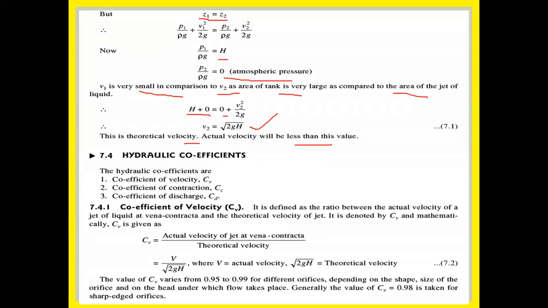Now hydraulic coefficients. The hydraulic coefficients are the coefficient of velocity CV, coefficient of contraction CC, and coefficient of discharge CD. Now we will discuss each of these definitions.